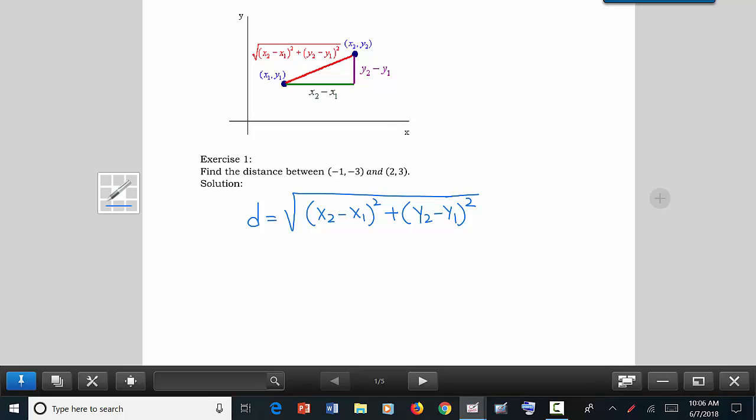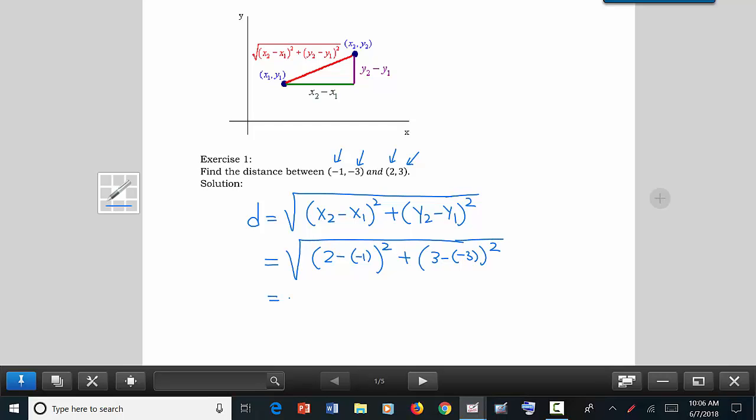It doesn't matter which y we choose because there is a power of 2, but let's keep track that way. x2 is 2, minus x1 which is negative 1, squared, plus y2 is 3, subtracting negative 3, squared.